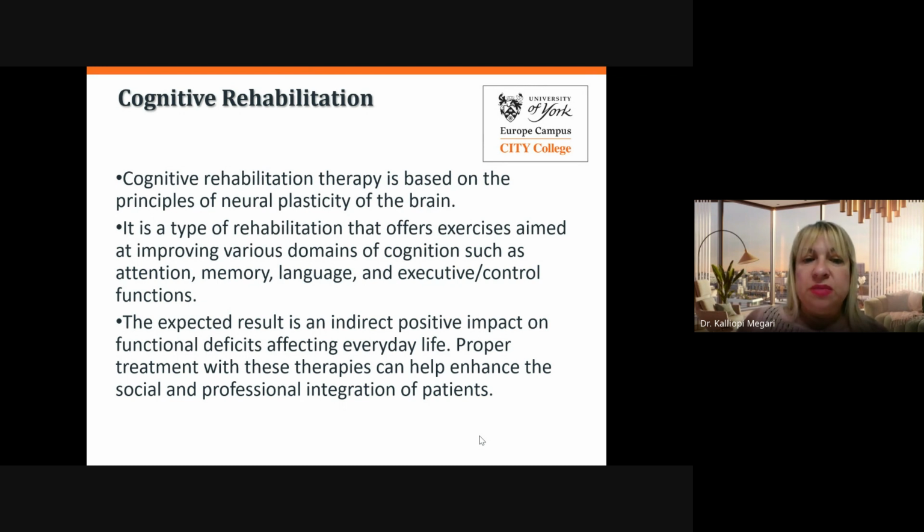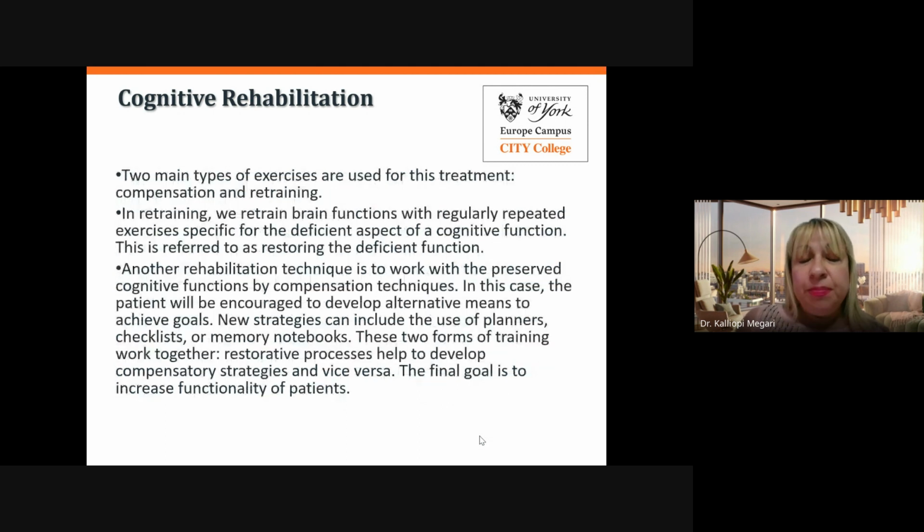And proper treatment with these therapies can help enhance the social and professional integration of patients, and may help these patients work individually and independently in some domains regarding their social life, their occupational life, and their recreational activities.